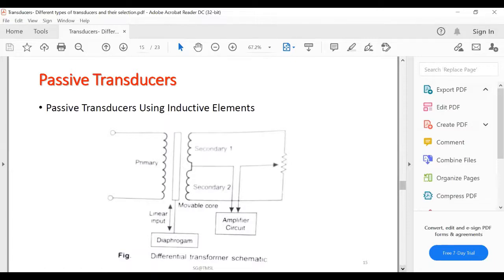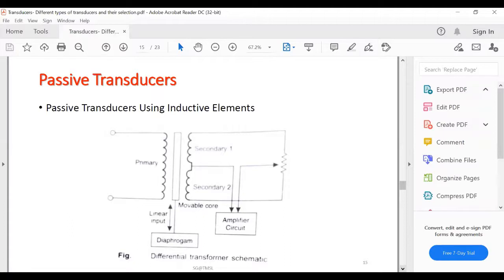Another type of passive transducer involving inductance is the variable reluctance transducer, in which the core remains stationary, but the air gap in the magnetic path of the particular core is varied due to the change of the effective permeability. The same principle can be used in an active transducer, in which the magnetic path includes a permanent magnet.